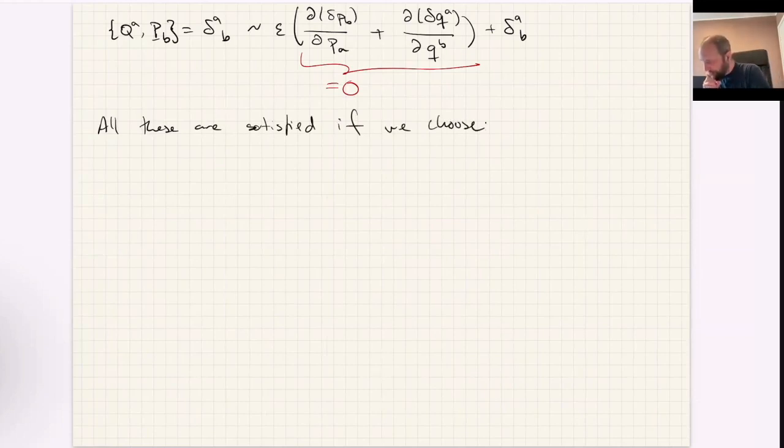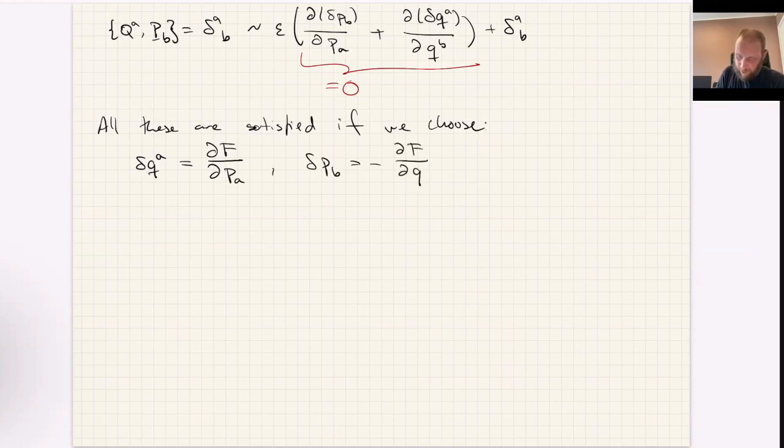to have the following. So if I put delta QA to be equal to the derivative of some function f of the coordinates both q and p, dPA, and delta PB minus the f dQB. If you can verify this.